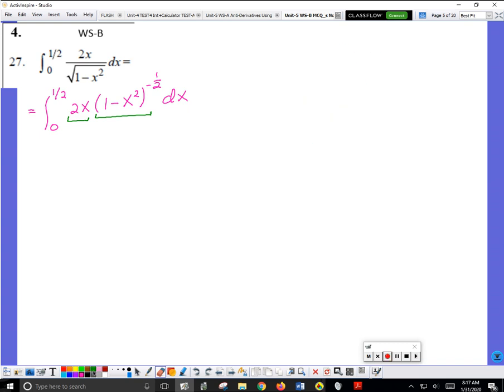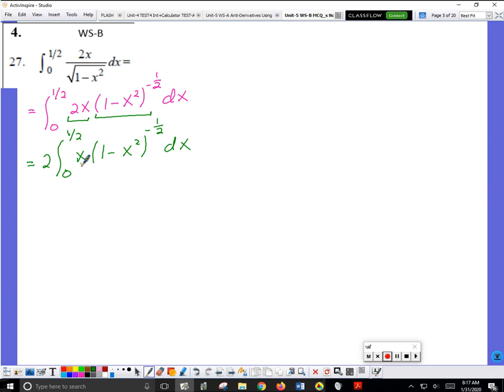The 2 is a multiplying constant. I'm going to pull that out. As I look at the 2 multiplying functions, the first one is definitely something to a number, and the number is just 1, and the something's just x.